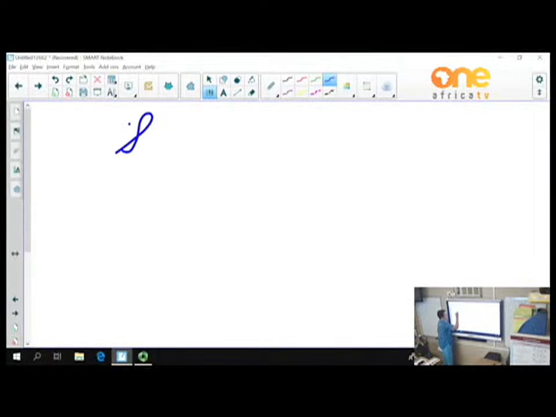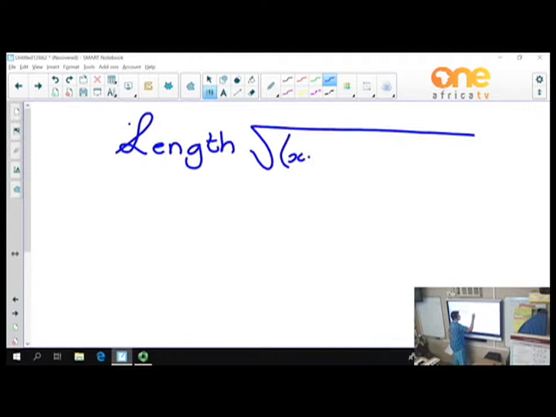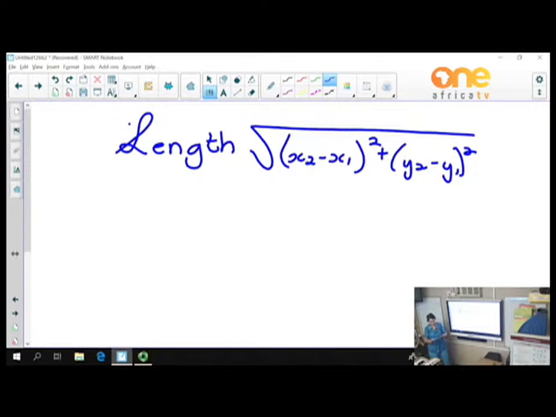That we've learned was the one about the length, and it looked like this: x2 minus x1 squared plus y2 minus y1 squared. And I think you can see, if you write it out a few times, then you know what's going on.